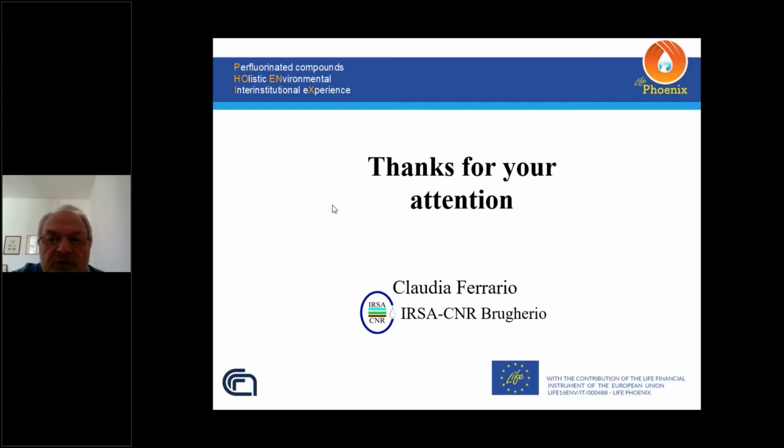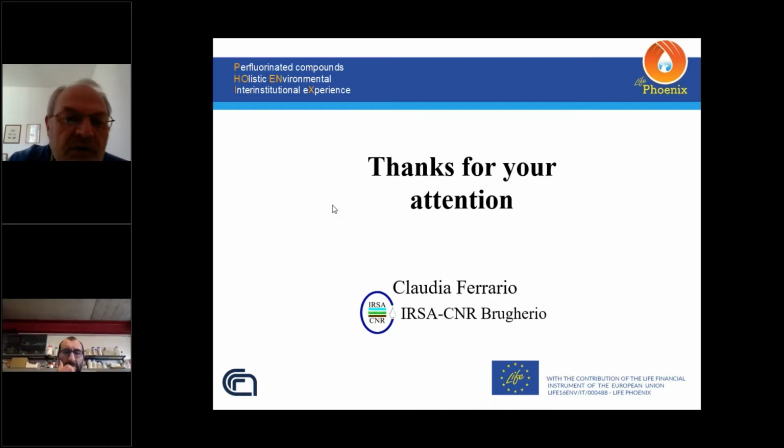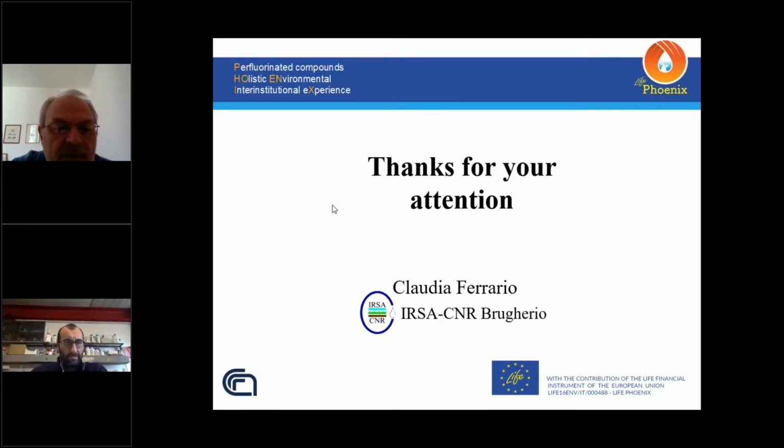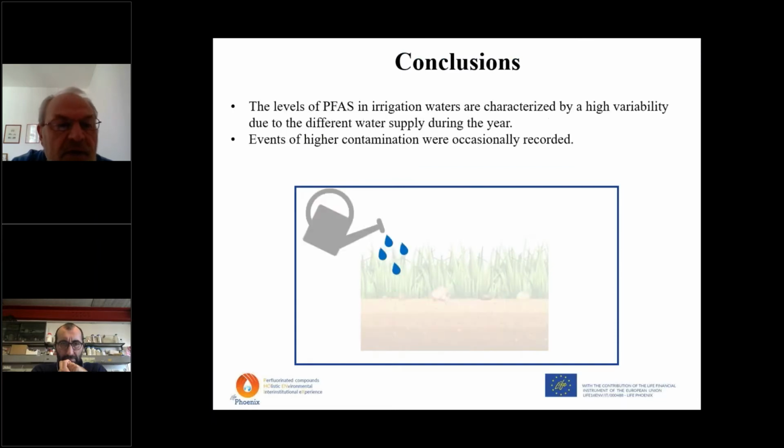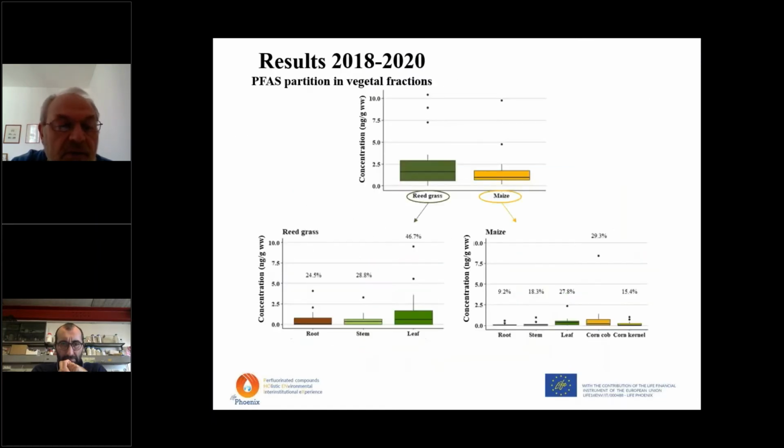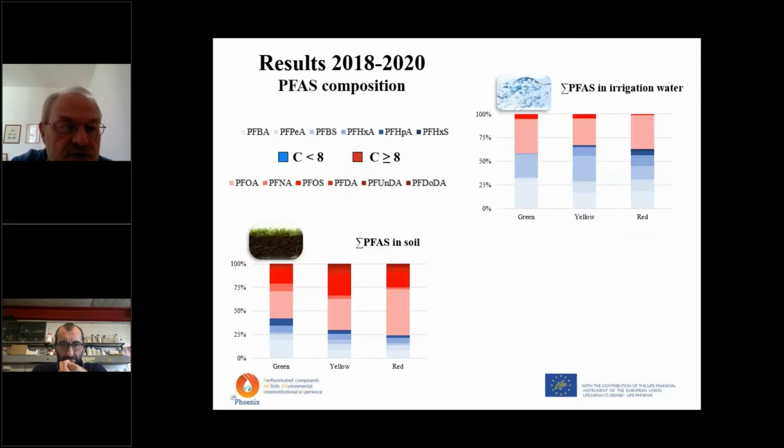I want to stress that the situation that we saw in this monitoring is that the concentration in the irrigation water network channel is driven, of course, by the discharge.